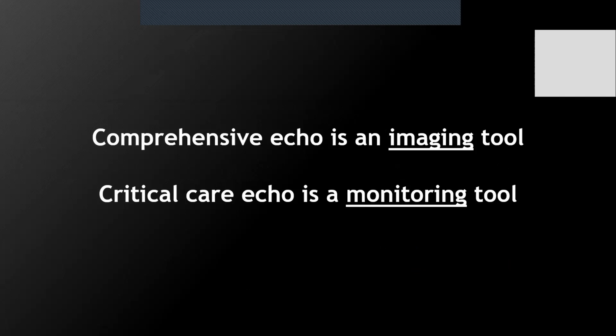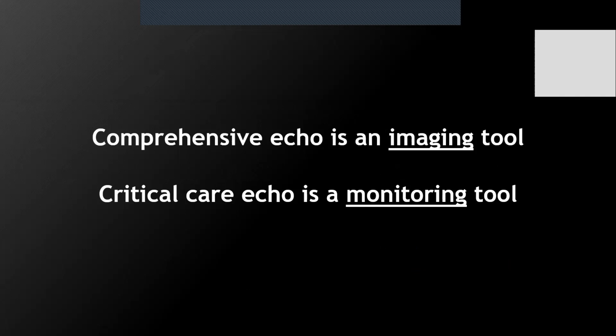And then finally, I just wanted to take this moment to point out as something that I try to share when I can, that this is another key distinction between comprehensive echo and critical care echo. Comprehensive echo, as I've said, is an imaging tool. If you need to get a really good look at people's valves or strain or things like that, then you need to get a comprehensive echo. The critical care echo is a monitoring tool.